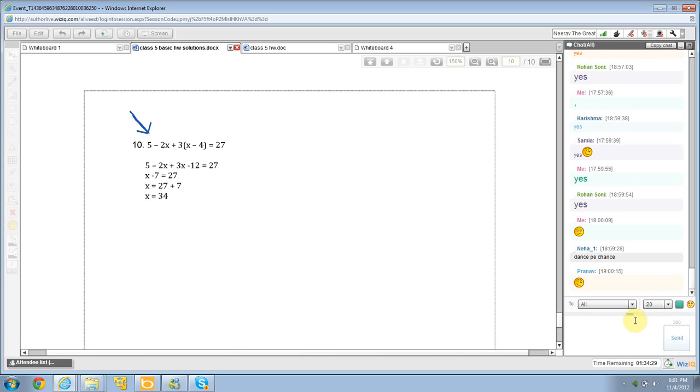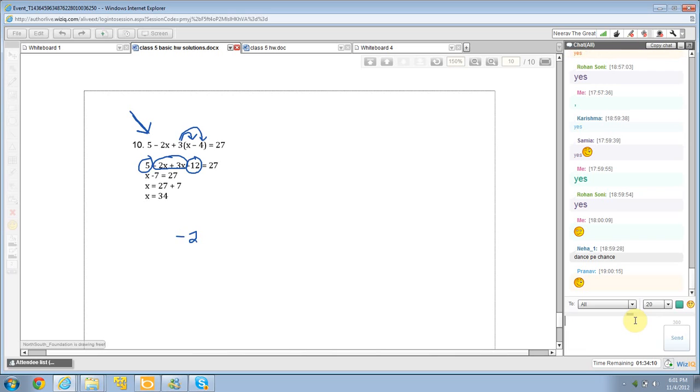So 5 minus 2x plus 3x, we distribute the 3 to get 3x minus 12 equals 27. So once again, group all the x's, because they're like terms. Here's minus 2x plus 3x, and then you have this 5 and minus 12.